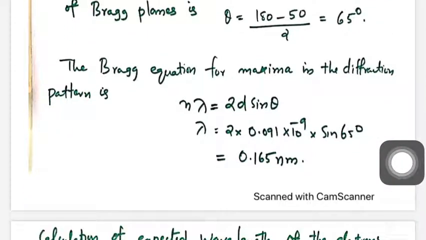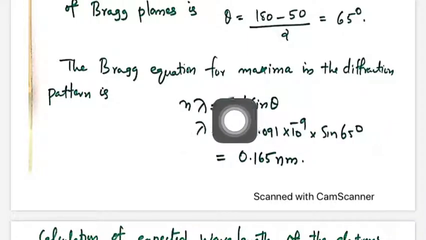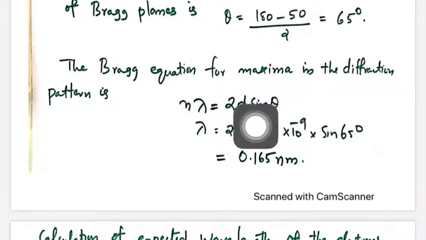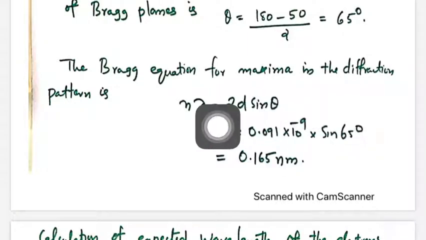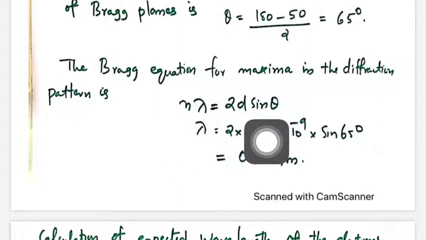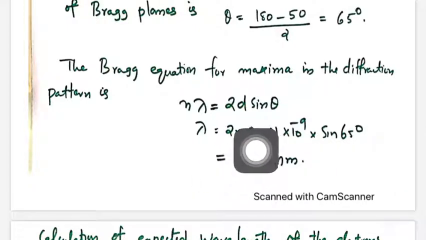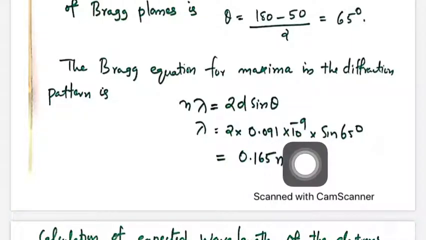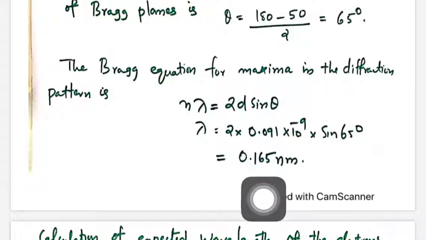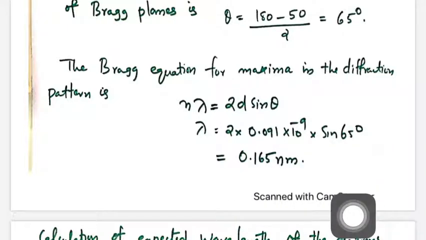Then the Bragg equation for maxima, in the case of diffraction, is n lambda equal to 2d sine theta, where n is the order. We take n as equal to 1. So lambda is equal to 2 times 0.091 times 10 raised to minus 9 times sine 65, which is equal to 0.165 nanometer.